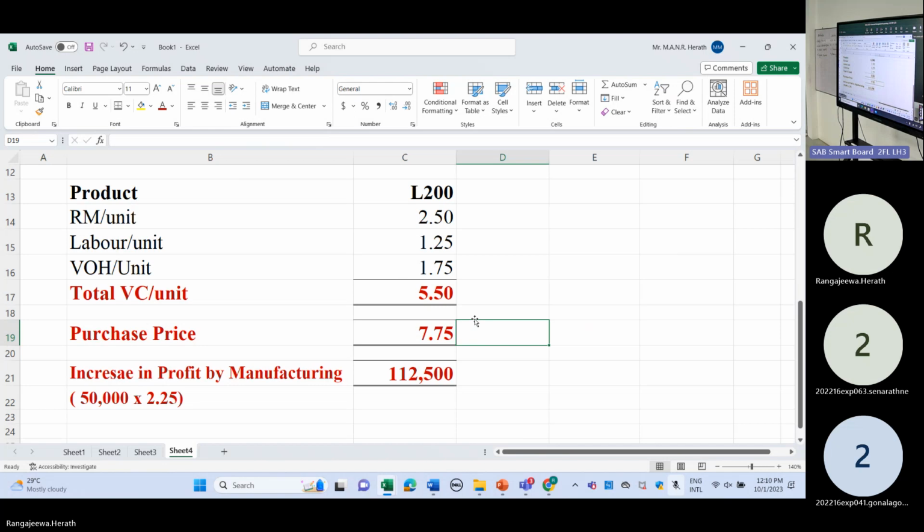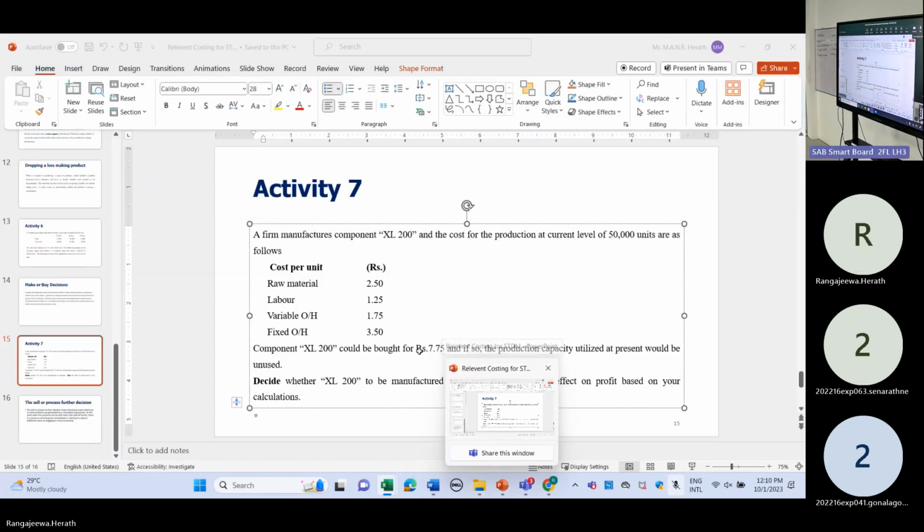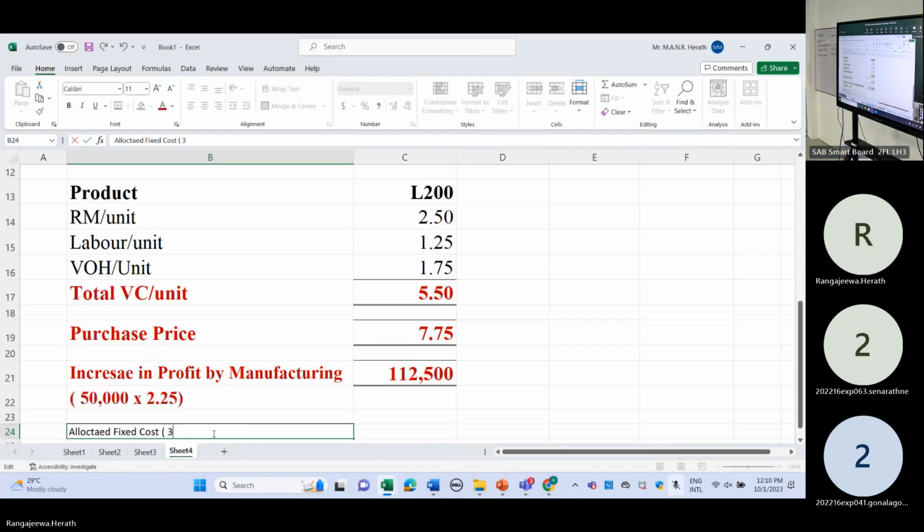Under that assumption, we take the profit increase as 112,500. There is an allocated fixed cost per unit of 3.75, into the 50,000 units we are producing.